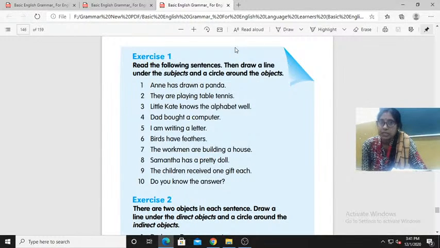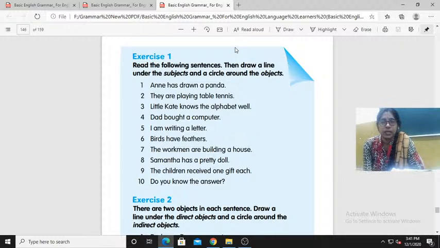Slowly is written, but don't write slowly as an object. It's of course an adverb, but here in this sentence we say it's a complement only. So while writing answers and practicing this, you don't make any mistake. Okay, समझ में आया?